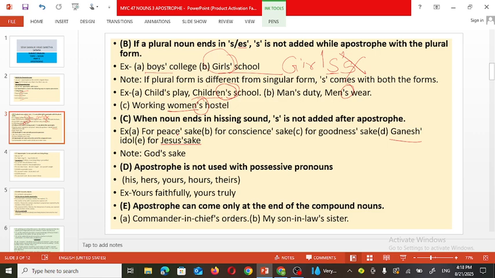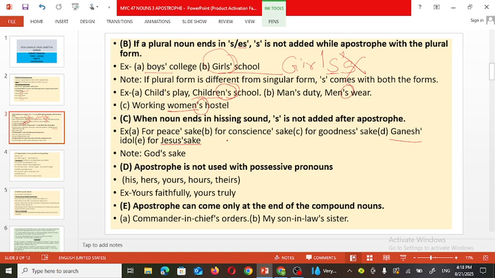For example, for peace' sake: the word ends with the sound s, and therefore we cannot write apostrophe s. Only the apostrophe sign is enough.